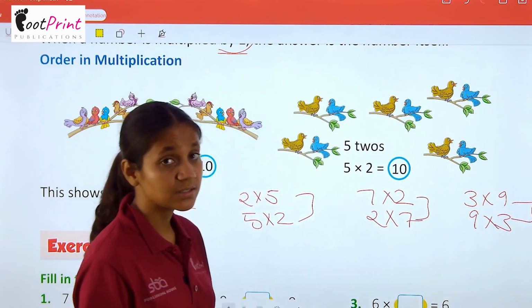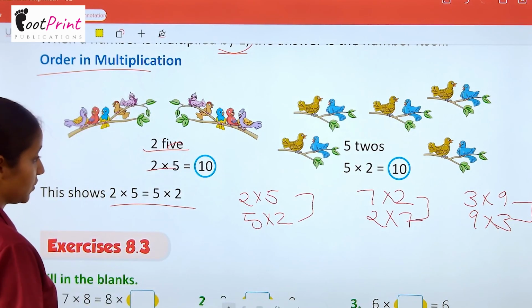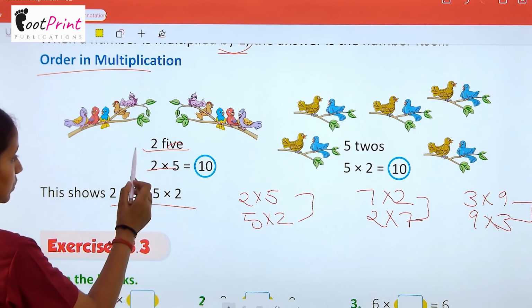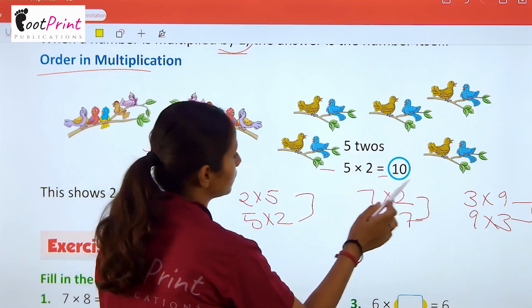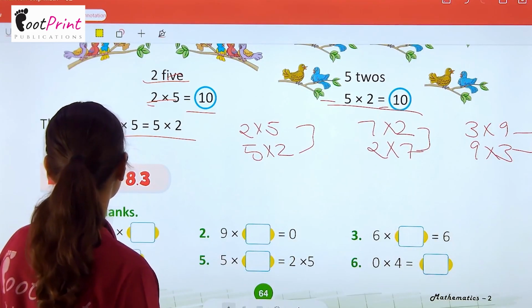The answer is going to be same. Why? Because when we change the order in multiplication, the answer will remain same. 2 into 5 is 10 and 5 into 2 is also 10. Okay. So that was another property.